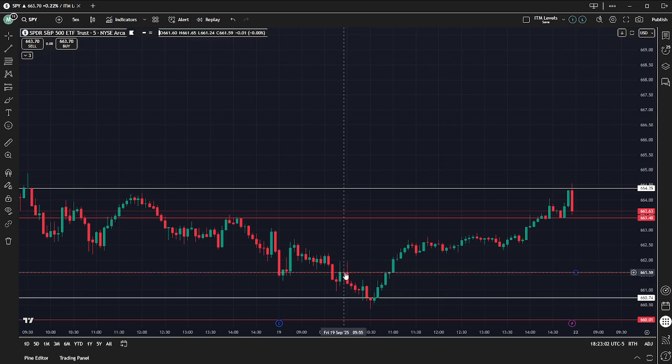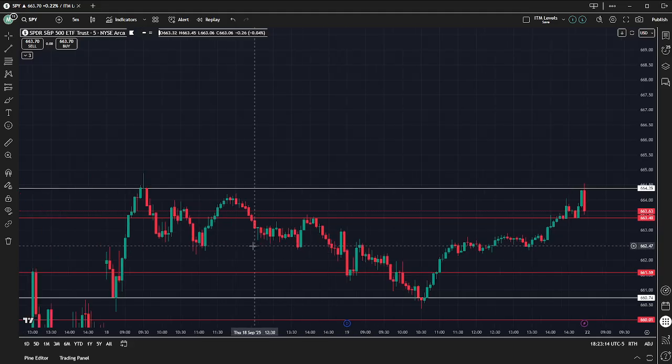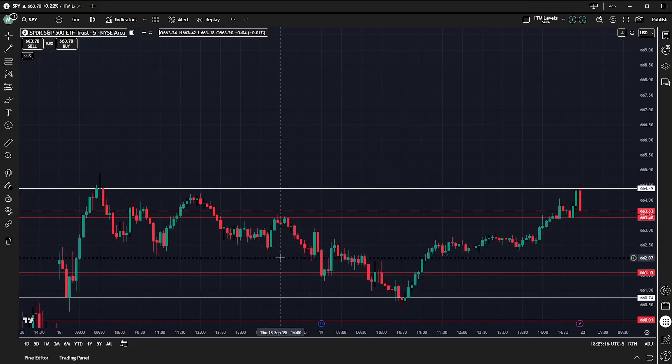Okay, so I bought calls somewhere around this zone right here. This is on Friday. The thing I was looking at for calls, I think I had some previous levels before this, but what I was thinking is that we had really slow price action throughout that morning.